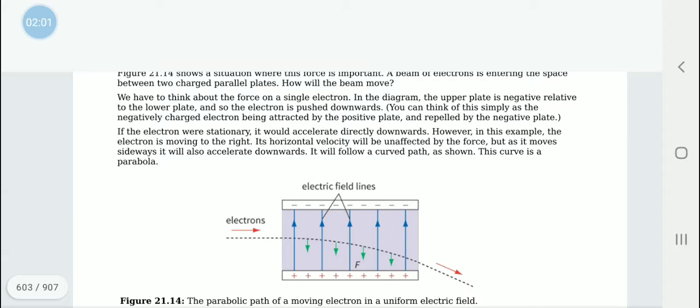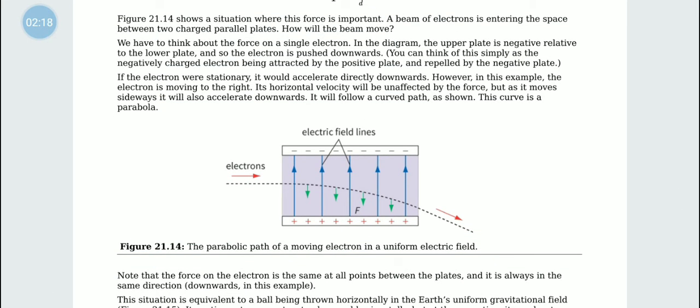The negatively charged electron is attracted by the positive plate, and the negative plate repels it. When the top negative plate repels it, the electron will bend downwards. When the positive one attracts it, again it gets bent downwards. So it travels in a curved path, right? This curve is a parabola, like the parabolas you drew when you were doing maths in O levels.